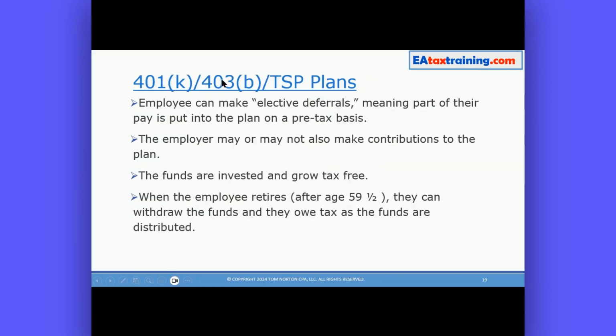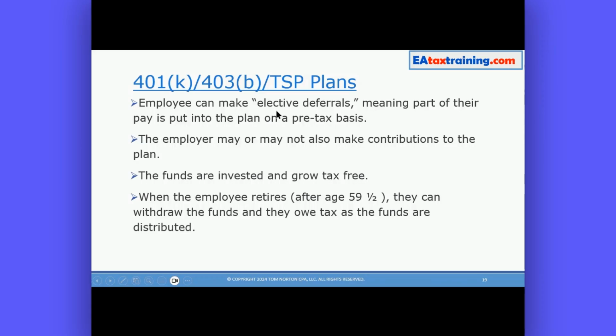For these 401k, 403b, and the TSP plans, the employee can make what are called elective deferrals, meaning part of their pay is put into the plan on a pre-tax basis. It's called elective because the employee can choose whether or not to make the contributions to the plan.